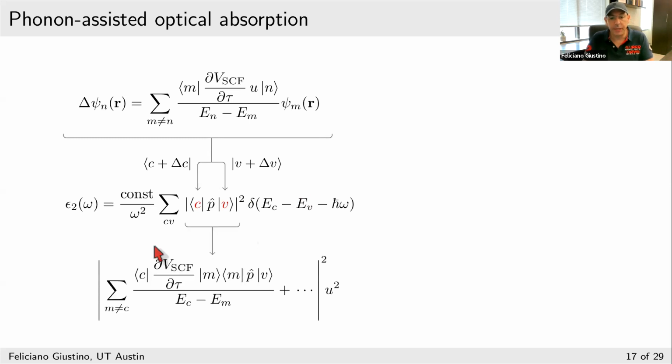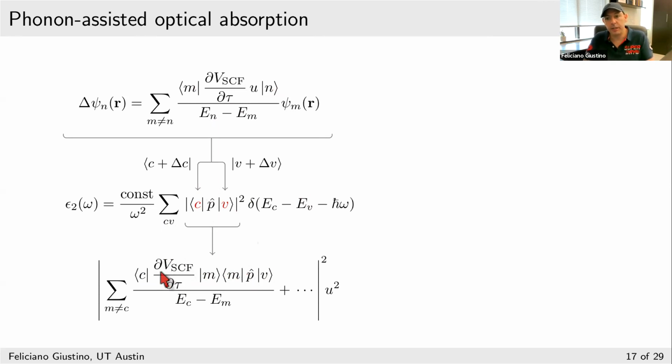In these terms, if we combine this matrix element and this object, you discover that there will be a product of 2 matrix elements, electron-photon and electron-phonon. So you have a valence state going to an intermediate state. Then from the intermediate state, you go to a conduction state. The first transition happens through a photon and the second one through a phonon.